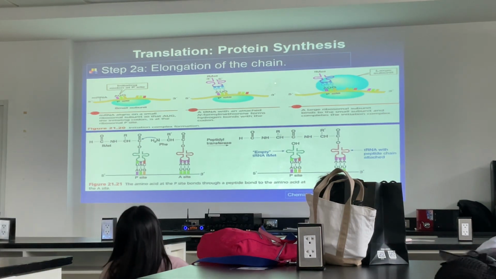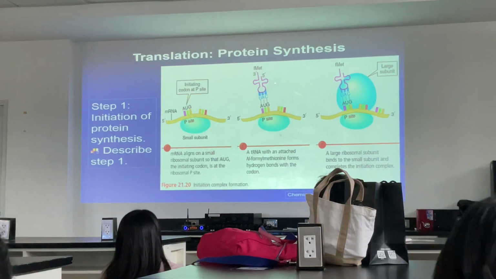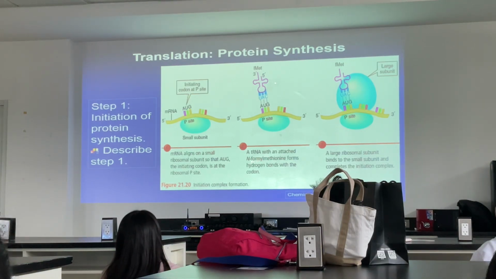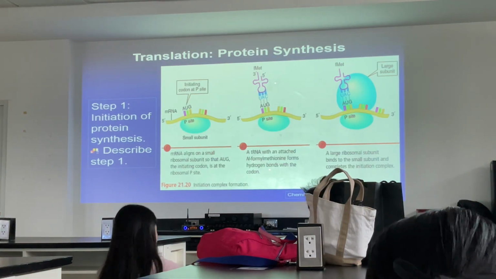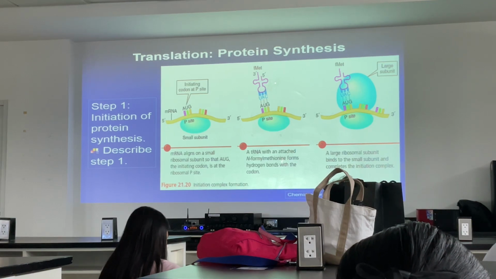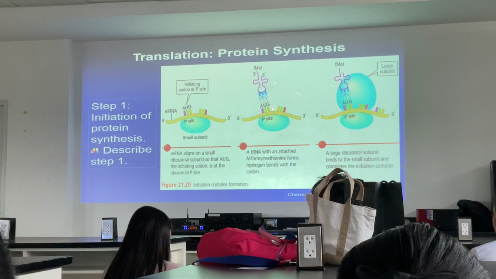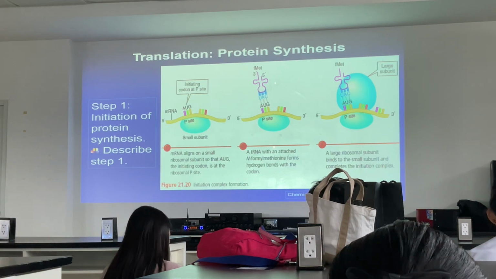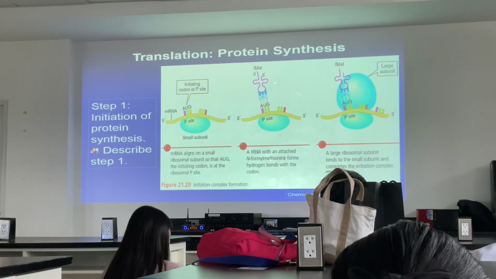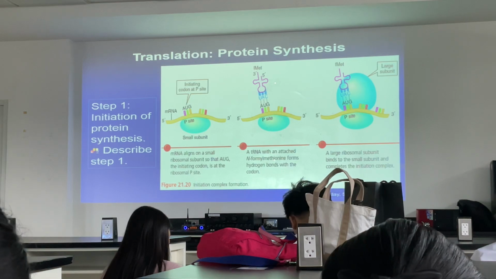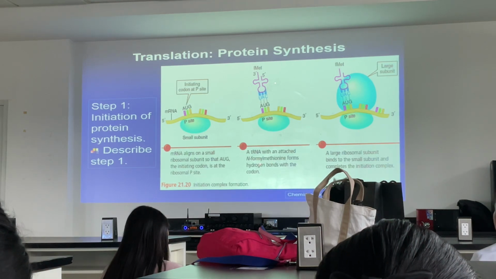I forgot to tell you about this. In bacteria, in the synthesis of the protein, the first amino acid to be brought to the site based on the initiation codon is methionine, and attached to this methionine is N-formyl.